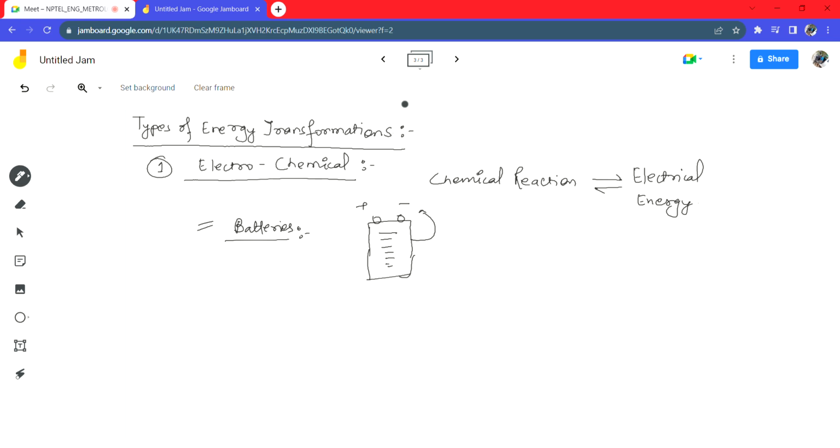Now, if we want to design a transducer wherein the transformation is done from chemical energy into electrical energy, can you think of a very generic experiment, or a day-to-day life transformation that we see wherein chemical energy is being converted into electrical energy?